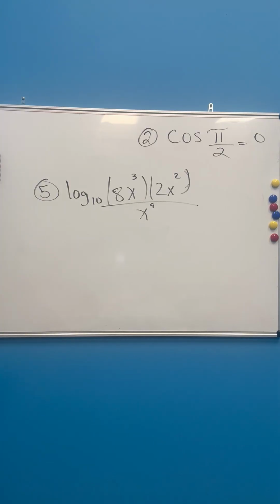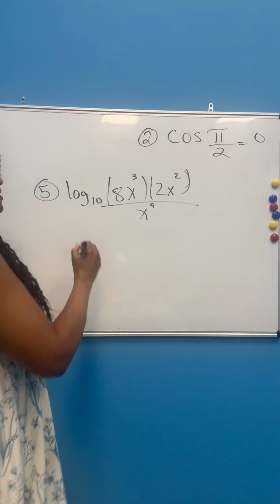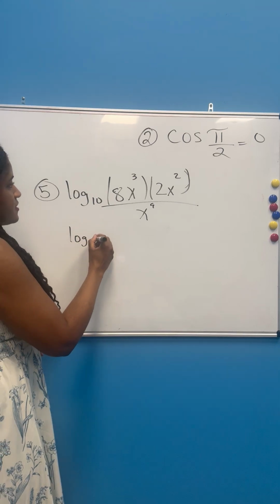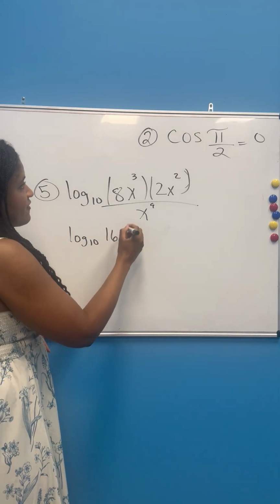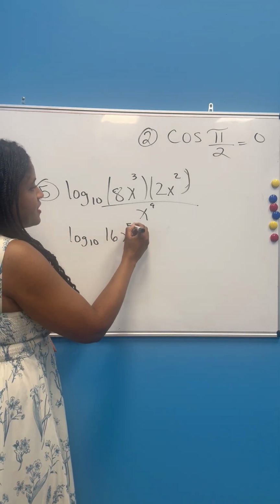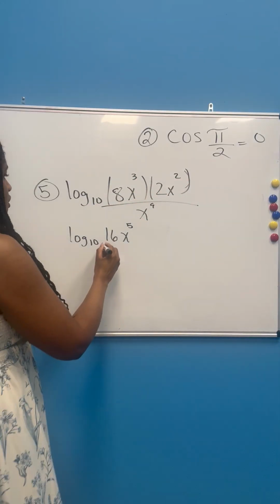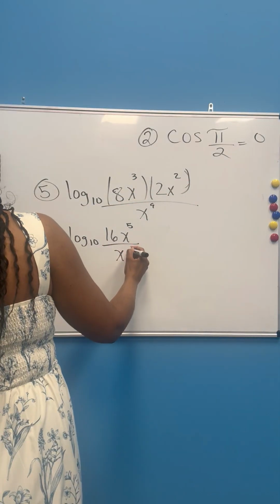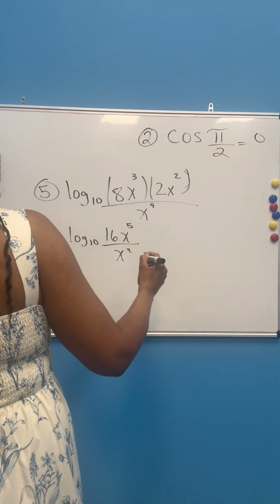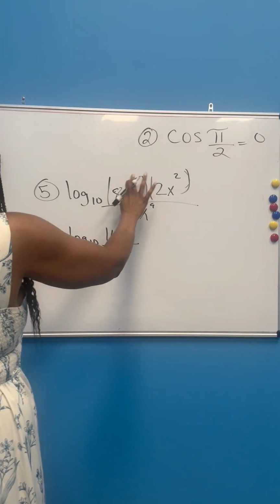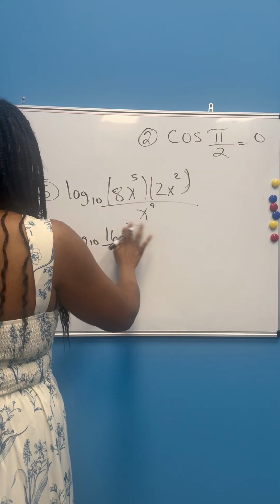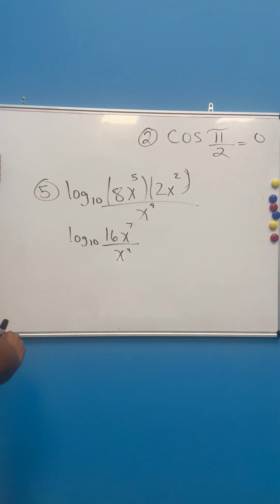So depending on what they're asking you to do, I can just start by doing 8 times 2 is 16. And then we have x to the 5th. You add the exponents together when you have the same base, over x to the 9th. Oh, and this was actually a 5, so it's actually x to the 7. Sorry about that. So you have 16x to the 7th over x to the 9th.